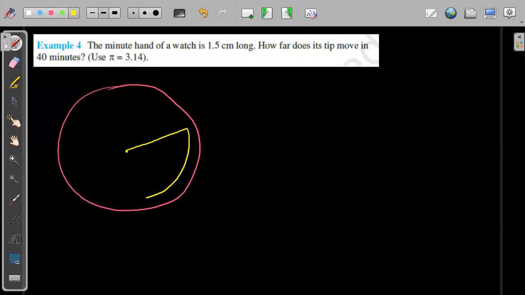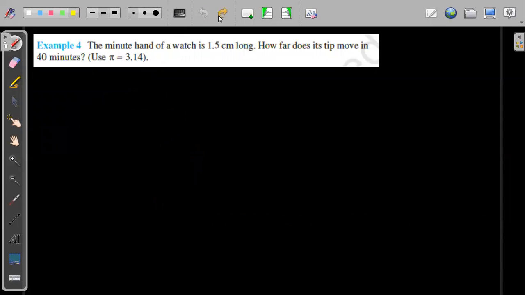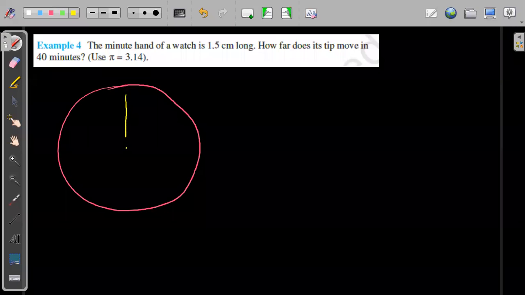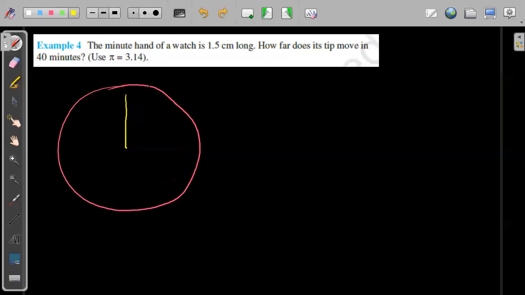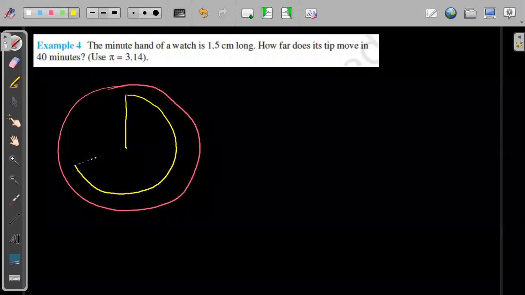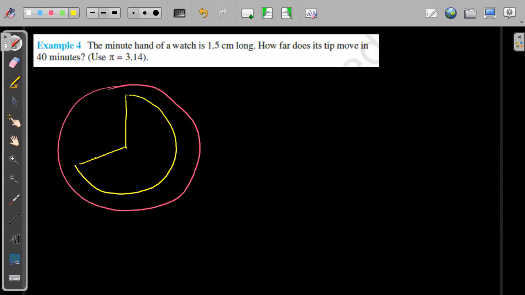The minute hand starts moving from here, and till this point, somewhere around 8, it stops. So this is the initial position and this is the final position.